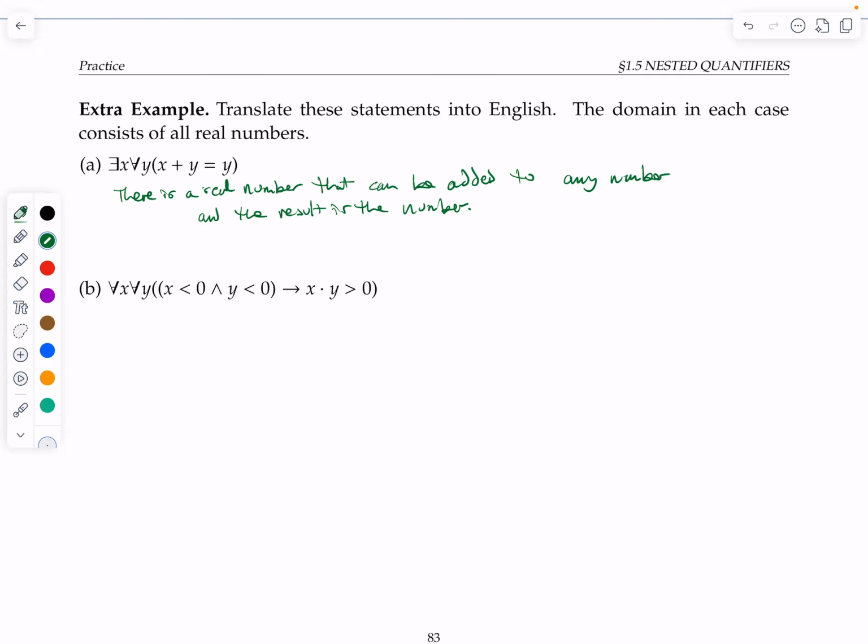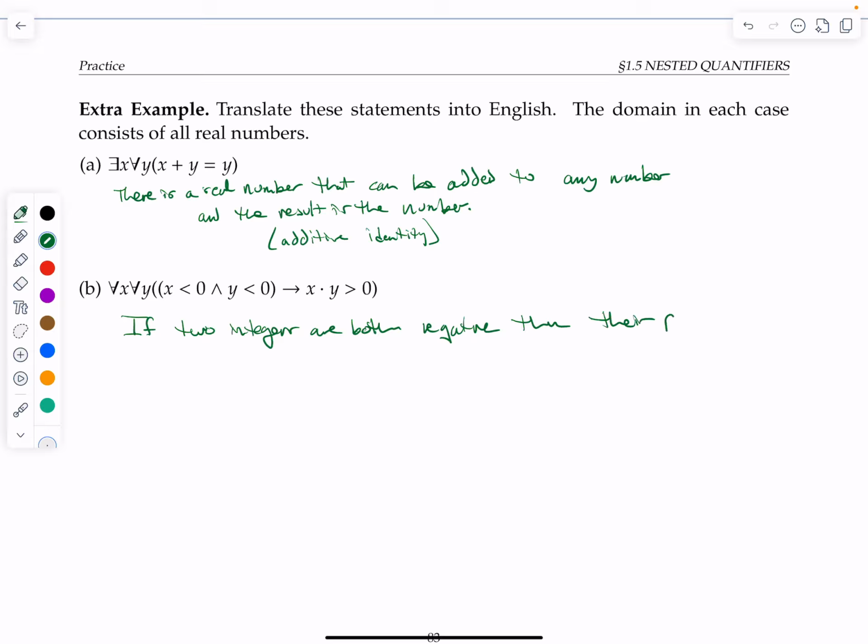That is not very good. So this is basically that there's an additive identity. That's what that's saying. And then here, for every integer, if two integers are both negative, then their product is positive.